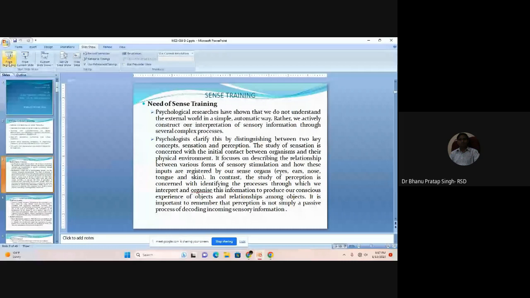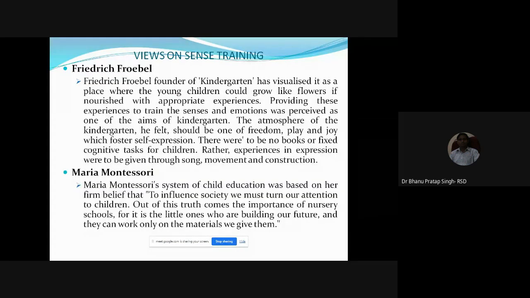So what are the views of these two important philosophers or educationists, Froebel and Maria Montessori? Although we have discussed the philosophy of these two philosophers, their educational inputs, their methodology for teaching and learning, and their contribution in terms of opening their specific schools.